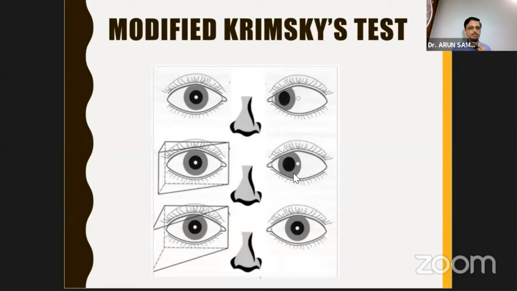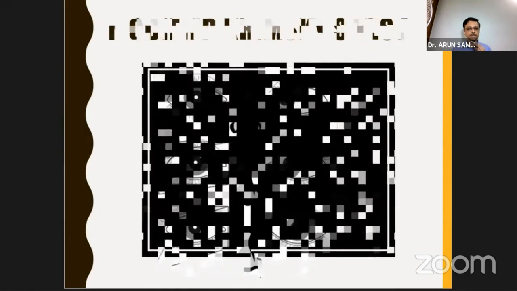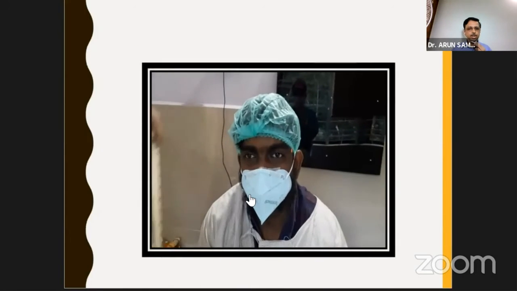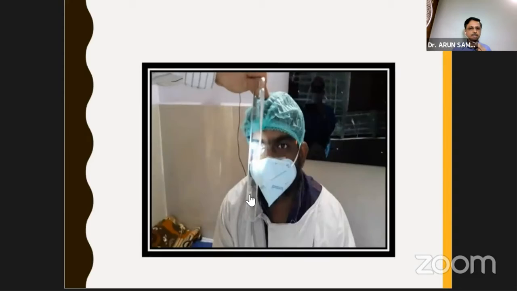You just place a prism and see that the light reflex in the squinting eye is centered. This gives us the angle of deviation. This is used in patients who have poor vision and poor fixation, where a prism bar cover test may not be possible. This is a small video showing the modified Krimsky test.